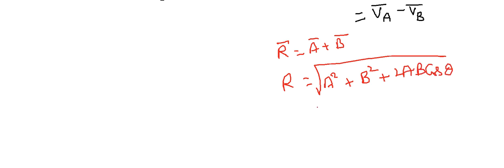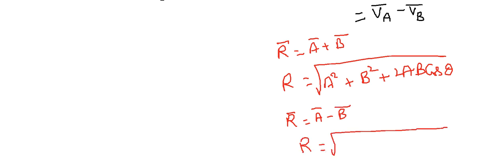If it is minus, that means R bar is equal to the subtraction of the vectors, then R, the magnitude, is root of A square plus B square minus 2AB cos theta.